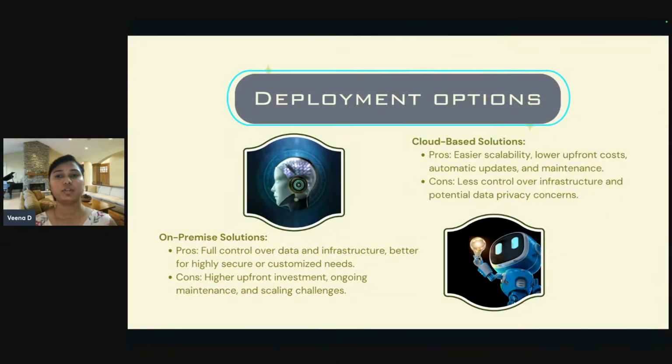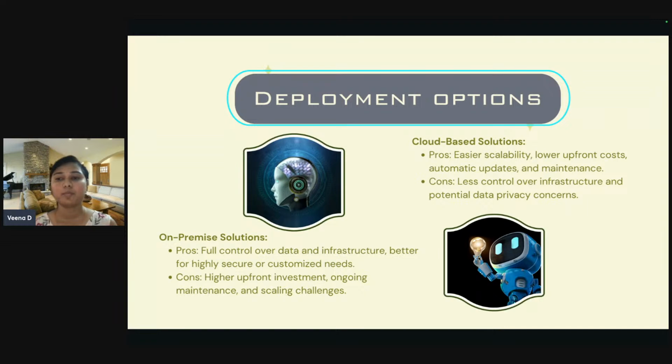Yep. So when it comes to deployment options, as I said, Strapi is a kind of headless CMS. You can just take this whole setup and deploy it on different cloud-based solutions, or we can have it on on-premises solutions as well. The pros of a cloud-based solution are that it is easier to scale, costs will be less, and automatic updates and maintenance are carried out by them.